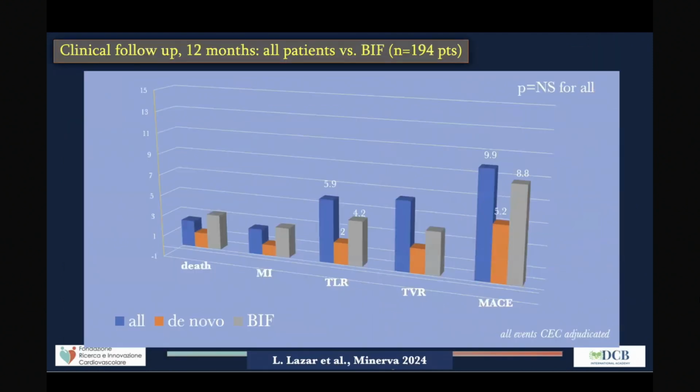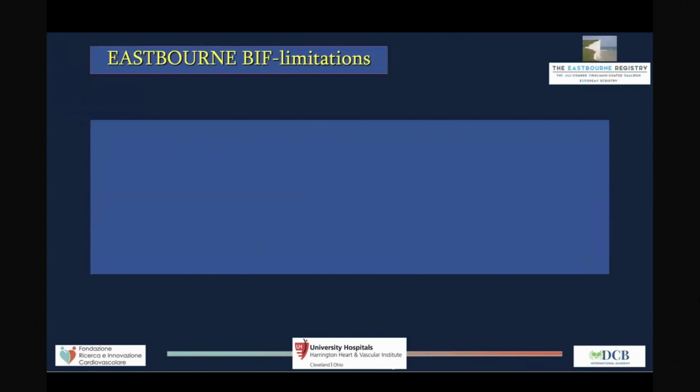So this is the outcome, which has been published this year, of this bifurcation group, 212 lesions, 194 patients. There is a comparison to the de novo lesion setting with no significant differences for the primary endpoint of TLR, 4.2% at 1 year, and a MACE of 8.8%, not significantly different to the de novo lesion population.